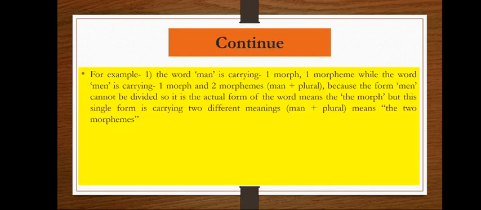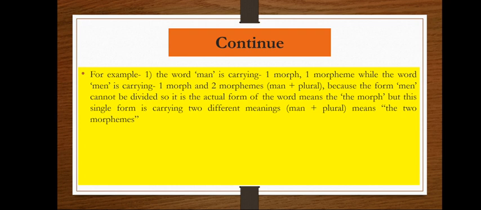For example, the word man is carrying one morph and one morpheme, while the word men is carrying one morph and two morphemes, because man plus plural. When we say man, you have in mind man, and when you utter it or write it on a piece of paper, this form cannot be further divided into several parts.